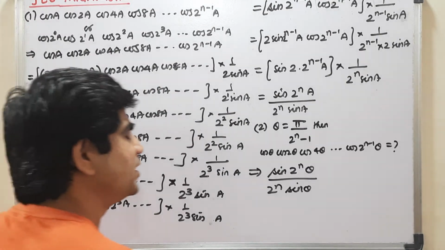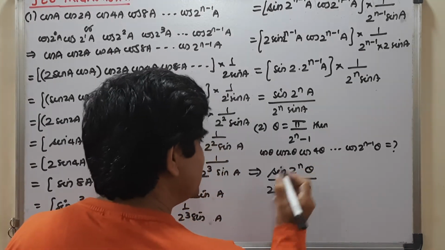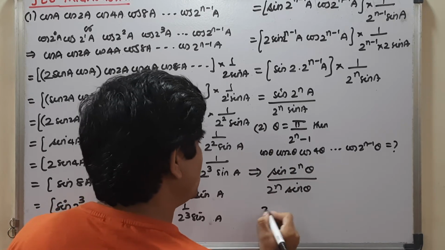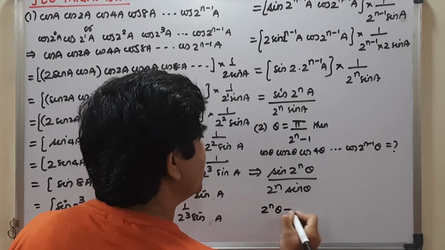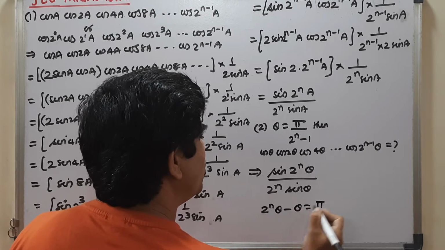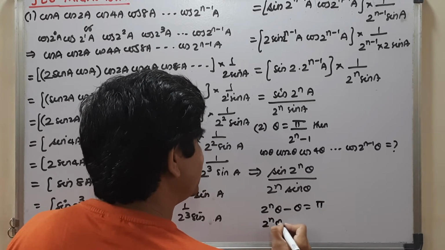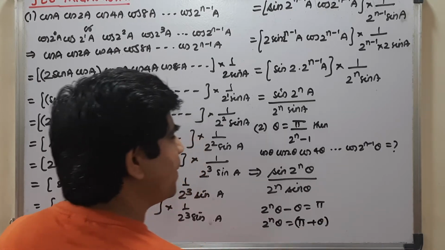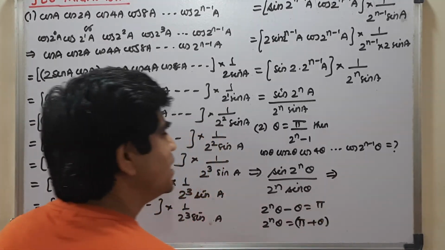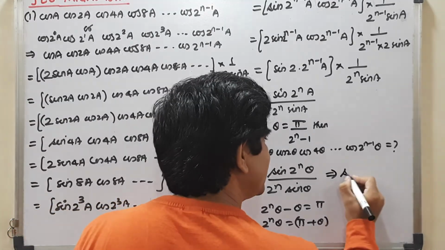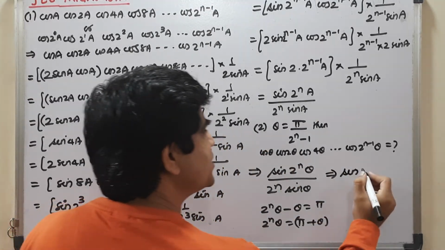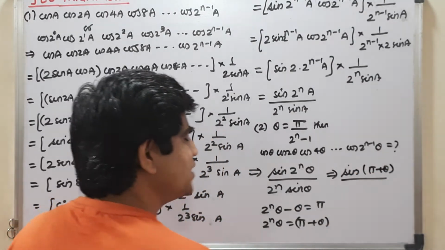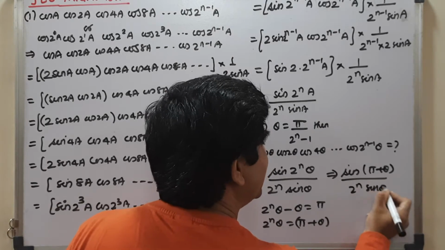So now let me solve this part and see what I am going to get. Here if I cross multiply theta, I get 2 raised to n theta minus theta is equal to pi. Means 2 raised to n theta is nothing but pi plus theta. That is more advisable. So what I get here is sine 2 raised to n theta becomes pi plus theta upon 2 raised to n sine theta.